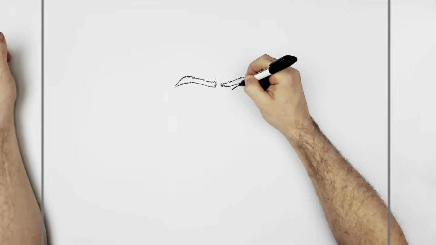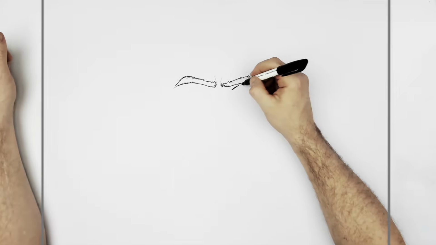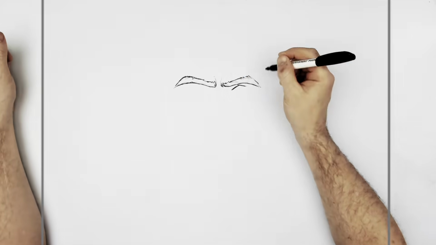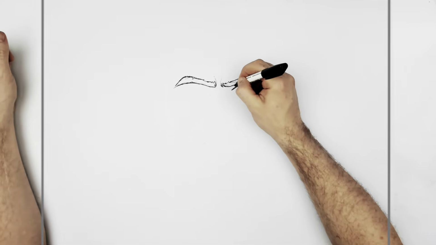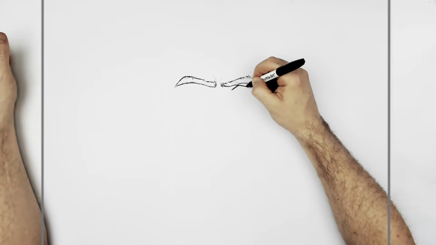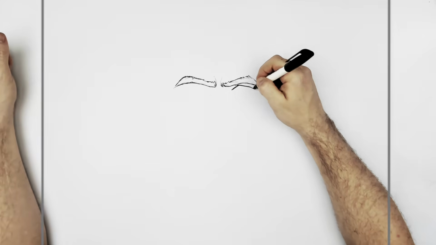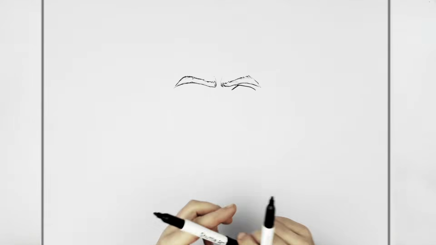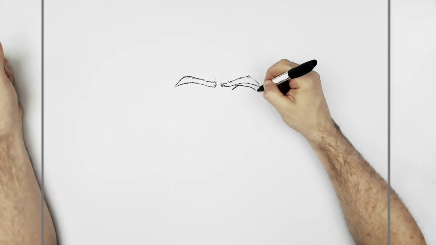And then his eyelid line comes down this way. Downturned eyes and sort of some wrinkles on the back of it.